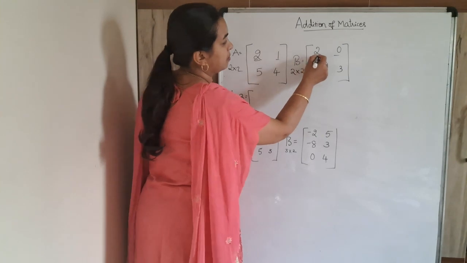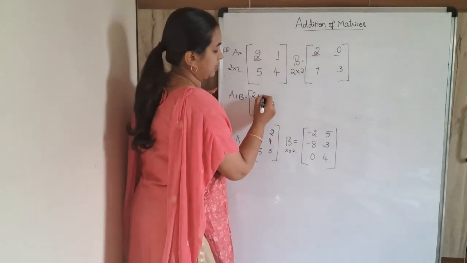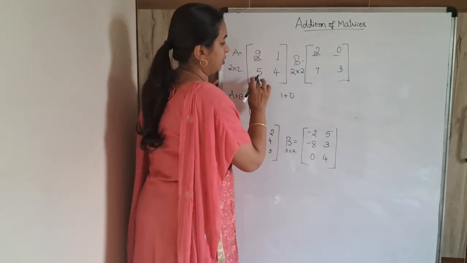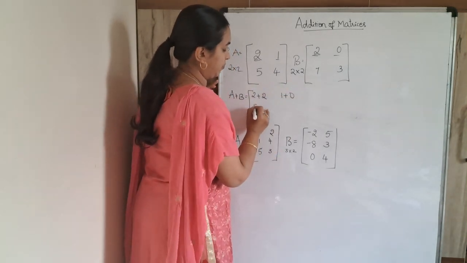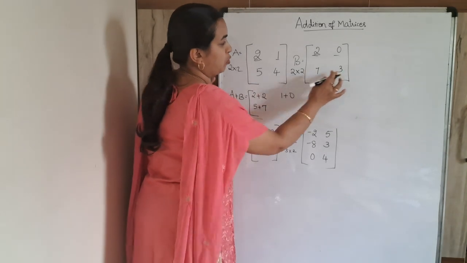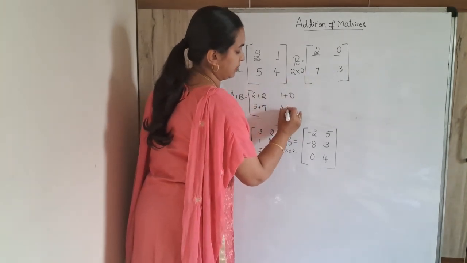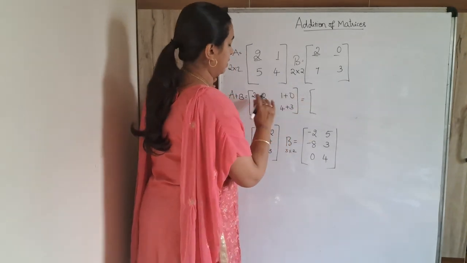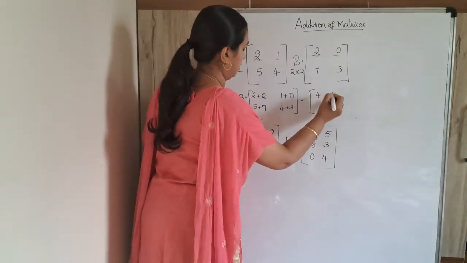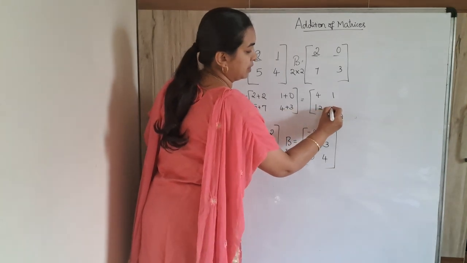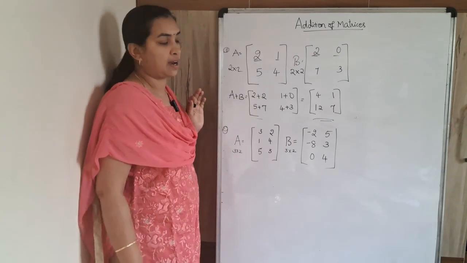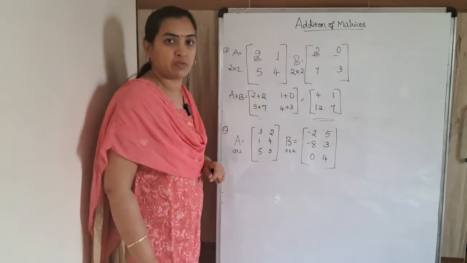First term 2 plus 2, 1 plus 0, 5 plus 7, 4 plus 3. Just add it. 2 plus 2 is 4, 1 plus 0 is 1, 5 plus 7 is 12 and 4 plus 3 is 7. So this is your resultant matrix and it is of the order 2 cross 2 as well.